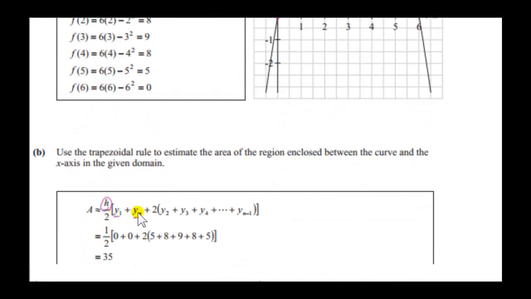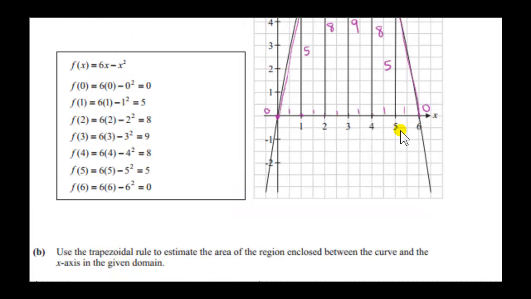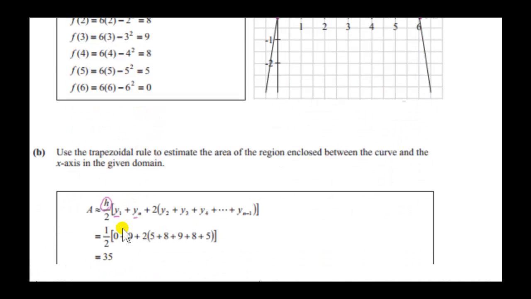Now yn, n stands for the last strip. It's actually the y value of the last point. That's f of 6. F of 6 happens to be 0. So 0 goes in for that value. Okay, so n depends on the problem.